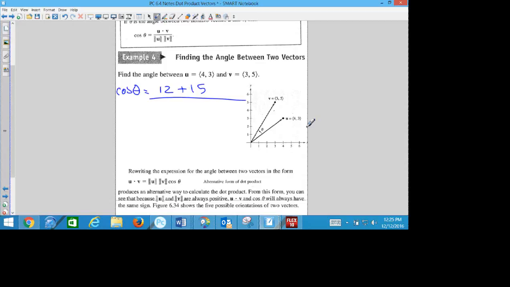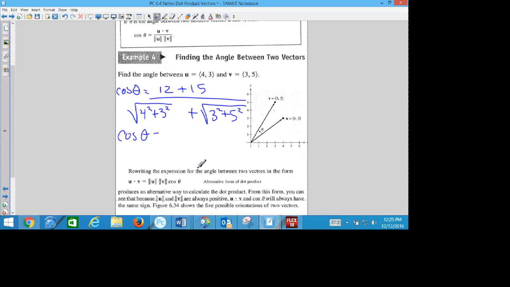The magnitude of u would be the square root of 4 squared plus 3 squared. The magnitude of v would be the square root of 3 squared plus 5 squared. Where am I getting those numbers in the square roots? The magnitude formula from last session.